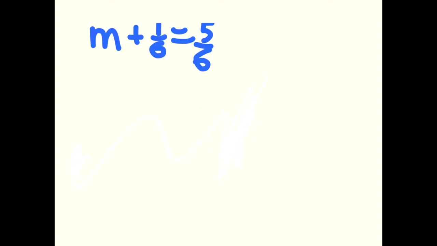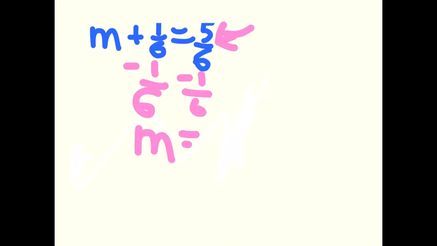So to isolate the variable on this side, you're going to need to subtract 1/6 here, subtract 1/6 here, and since they have like denominators, we can just go ahead and subtract. So m equals 4/6.